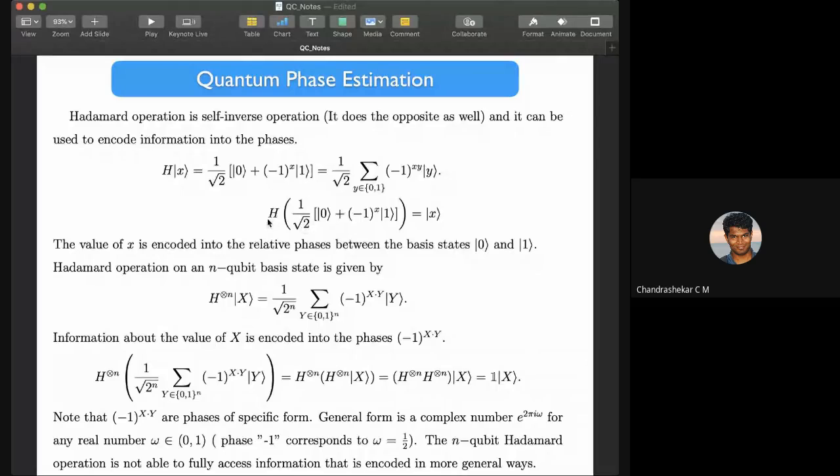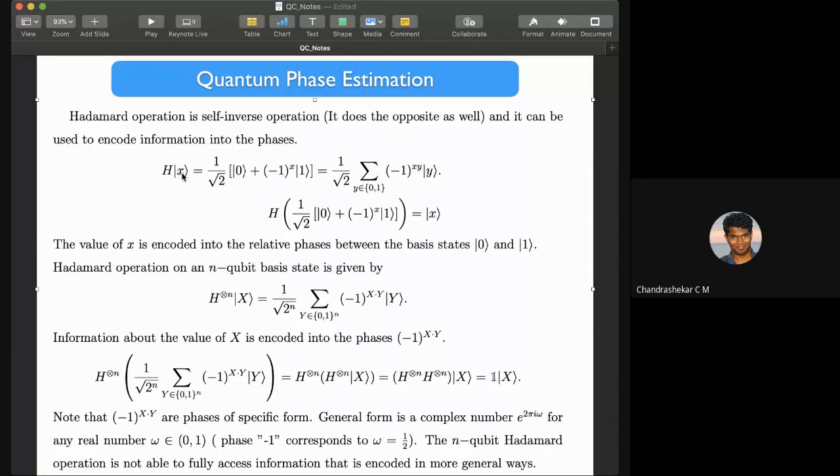And a Hadamard operator on that again gives back the same thing. Why we are writing this is only to say that you can have a very generic term, and the phase component can be extracted out, and you can always estimate those phase values without destroying the quantum state here. The value of x is encoded into a relative phase between 0 and 1. So now see here, that's what it means.